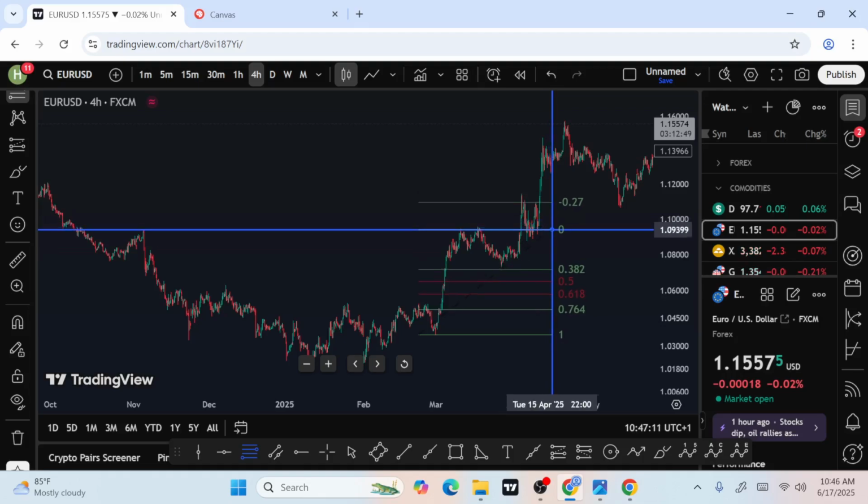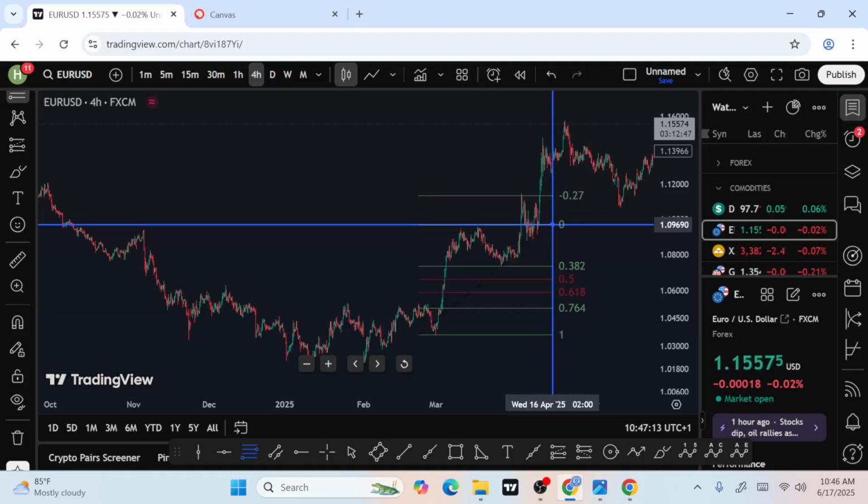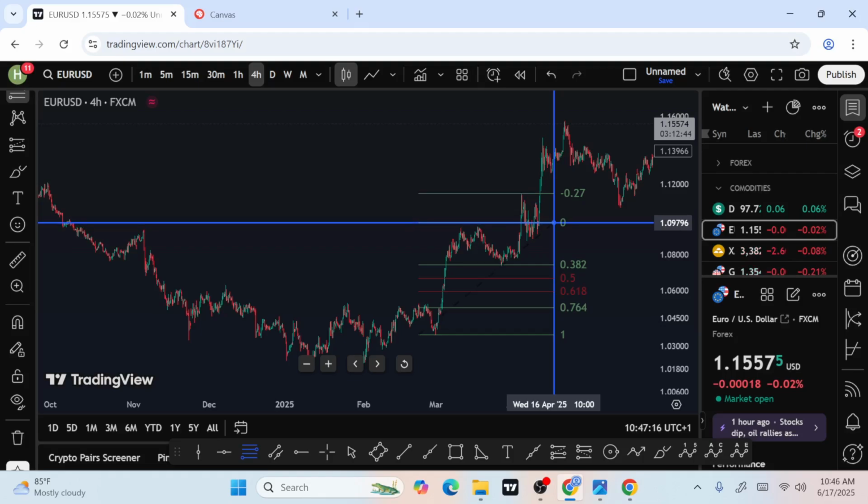Then you put it at the highest point where the price got to before it started its retracement.